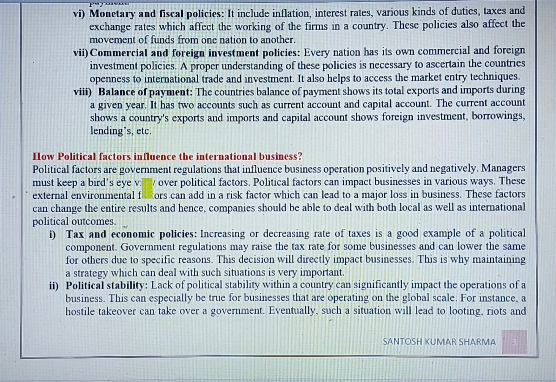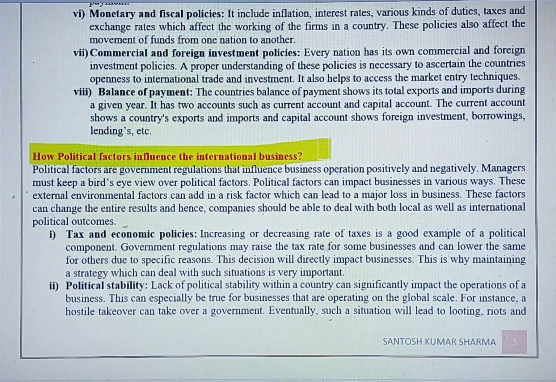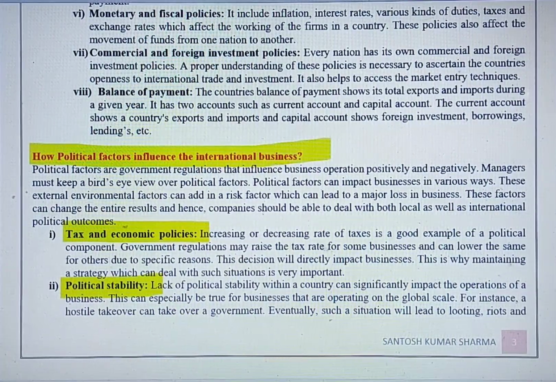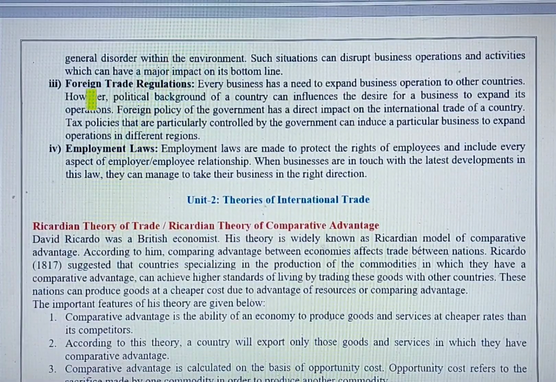And one more question about political factors, how political factors influence business decisions and international business. In political factors, you can explain all these points like tax and economic policies of the importing and exporting country, the political stability in the country, foreign trade regulations among both the countries, and the employment laws. So this needs to be expanded for the answer.